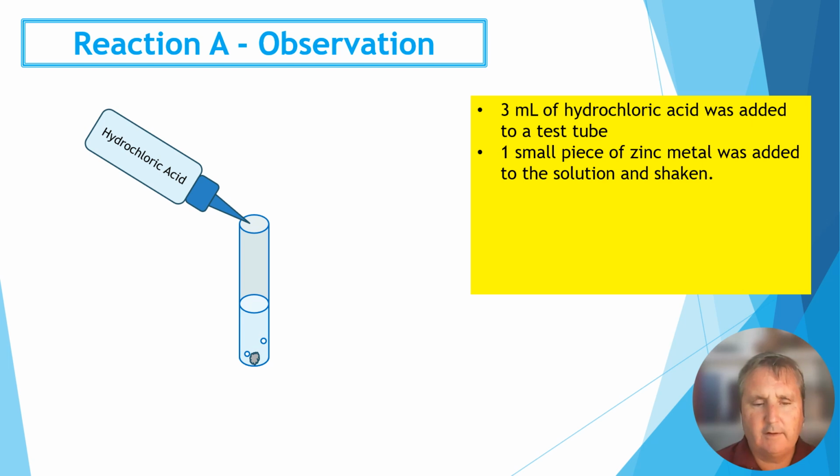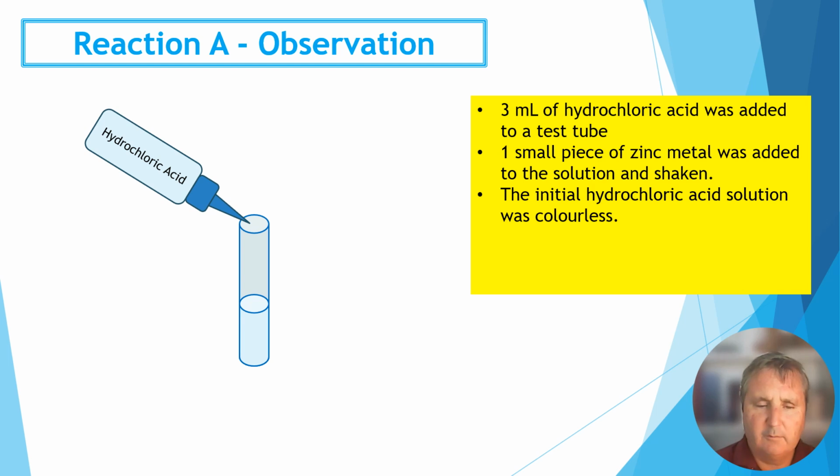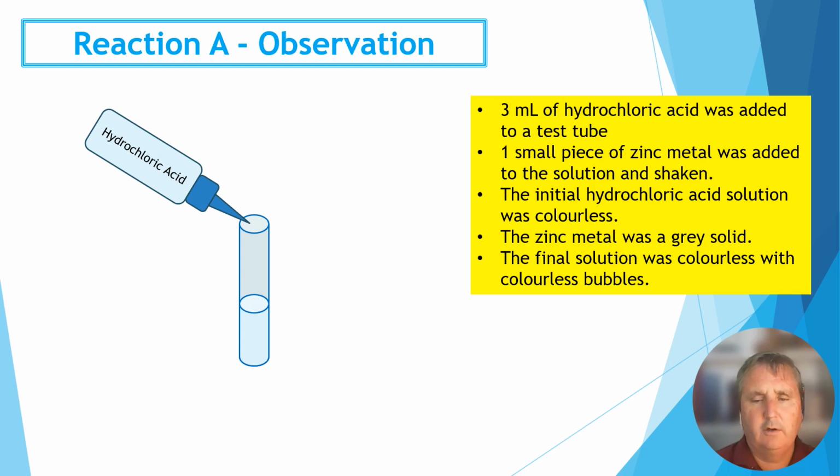What we notice is that some colourless bubbles come off, and the zinc solid gets smaller and disappears. The original dilute hydrochloric acid solution was colourless. The zinc metal was a grey solid, and the final solution is colourless, and it had colourless bubbles.